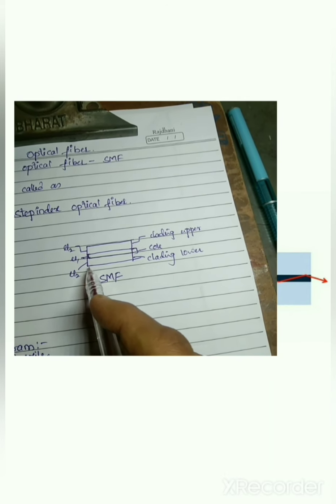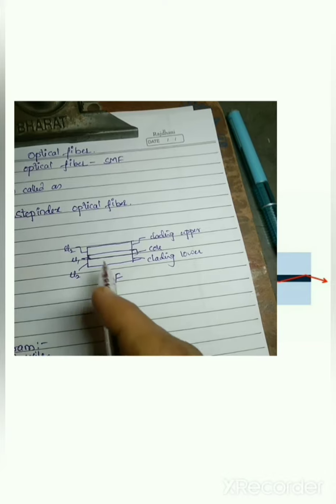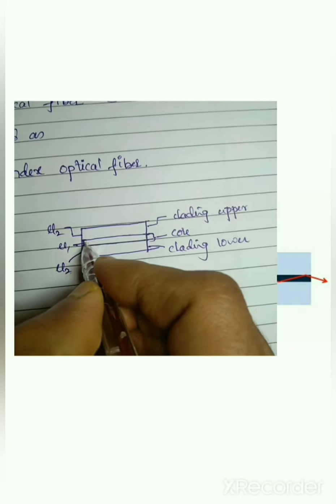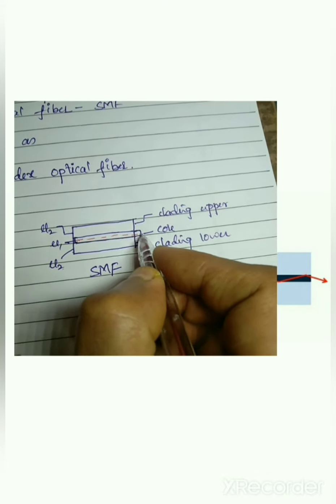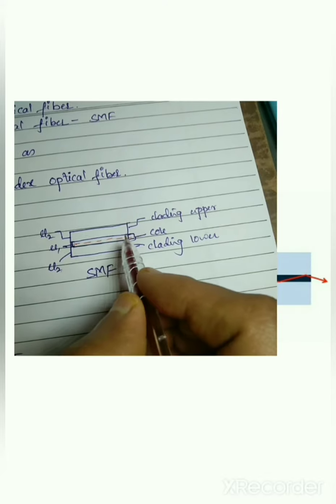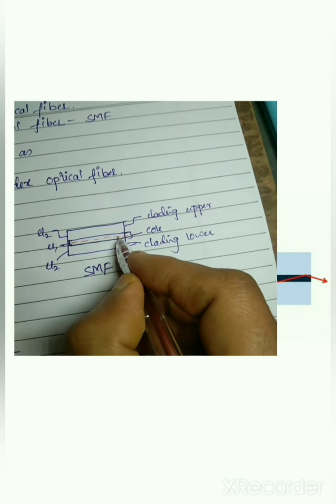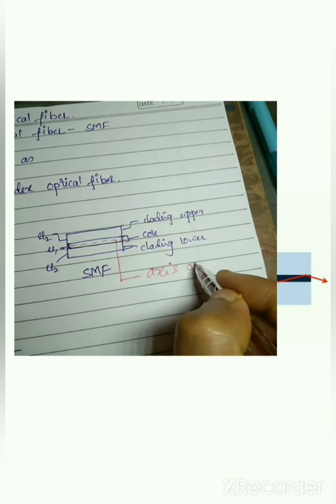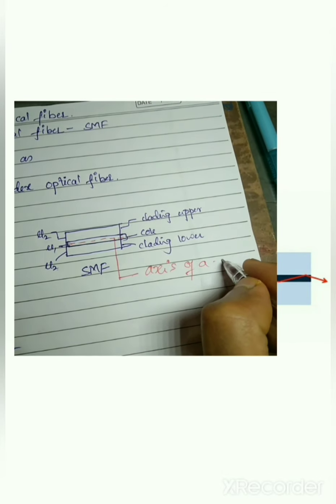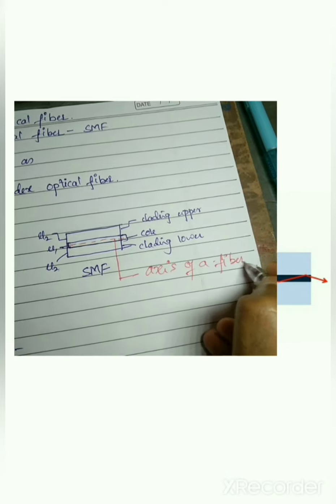Downwards cladding also has refractive index mu2. Inside the core I will draw one small dotted line; this is called the axis of a fiber.